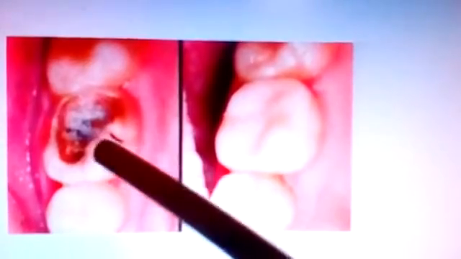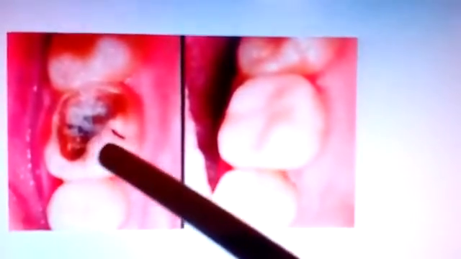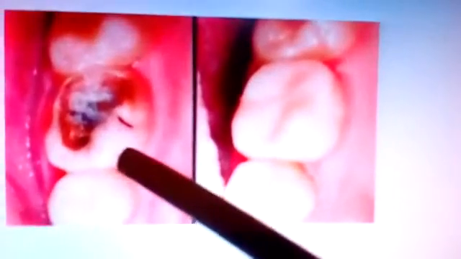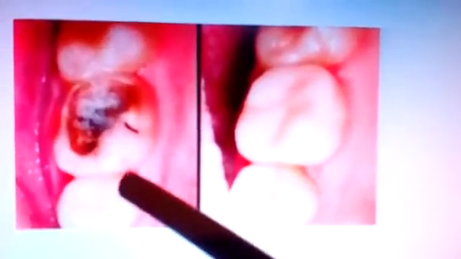Now children, do you know, some people have tooth decay, so we get a lot of pain. So this is tooth decay. You can see the tooth decay in the tooth. This is more painful. So why is it caused?